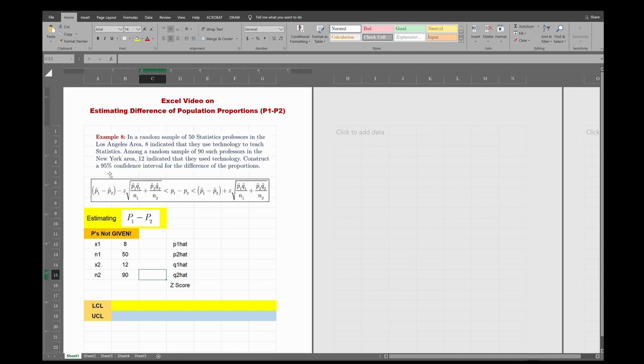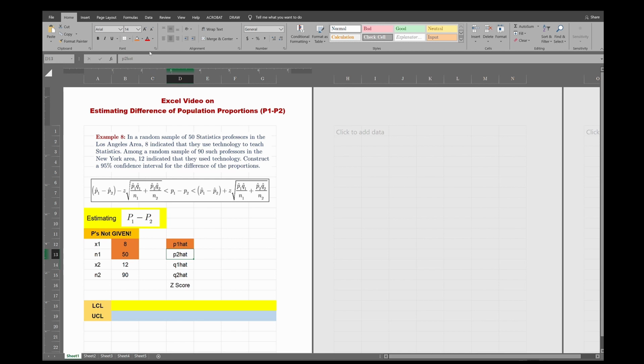norm.s.inverse command. So let's see, P1 hat is the first percentage of the first group. The first group is 8 and 50. So if I turn that into some color, let's say orange. Now, if P1 hat is orange, then I get that from the orange here. So that's the first group. P1 belongs to 8 and 50.